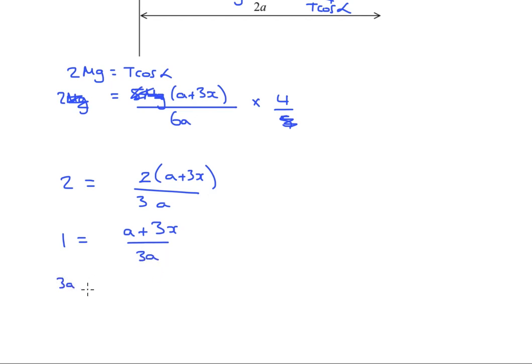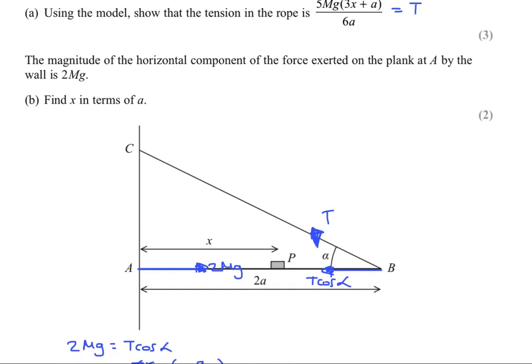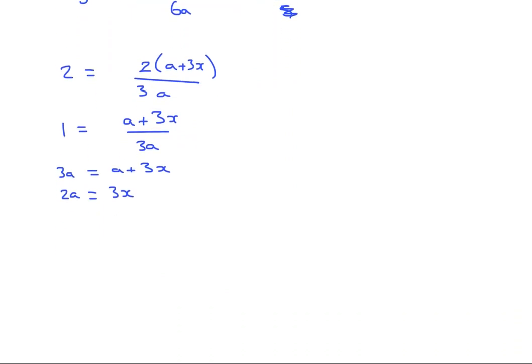If I bring the 3A up, I subtract an A, we get 2A equals 3x, and they wanted x in terms of A. So x is equal to 2/3 of A.